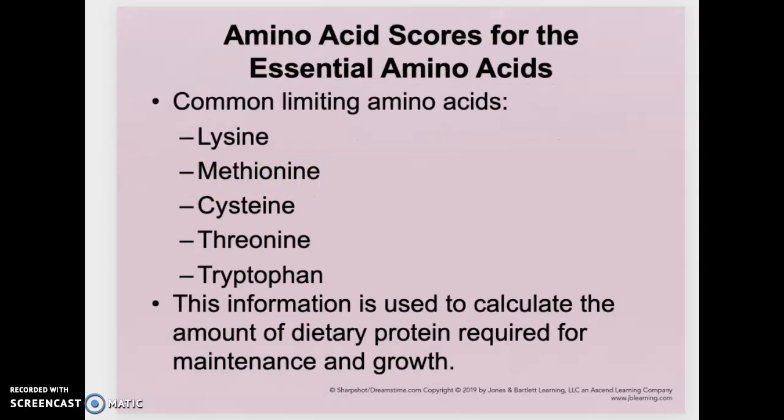So I did mention our limiting amino acids earlier. Commonly, if something isn't considered a complete protein or high biological value protein, it's because of these limiting amino acids, which is lysine, methionine, cysteine, threonine, or tryptophan. One example would be collagen peptides, or gelatin.